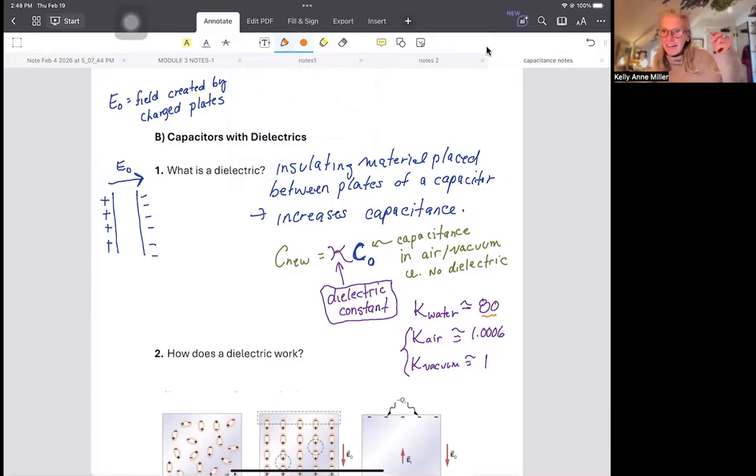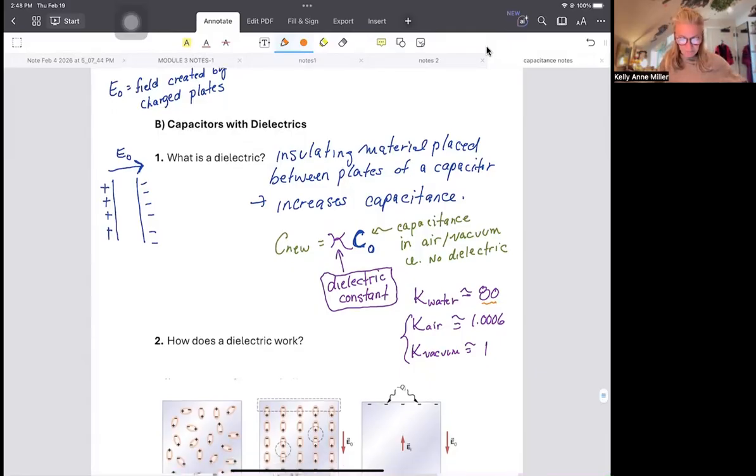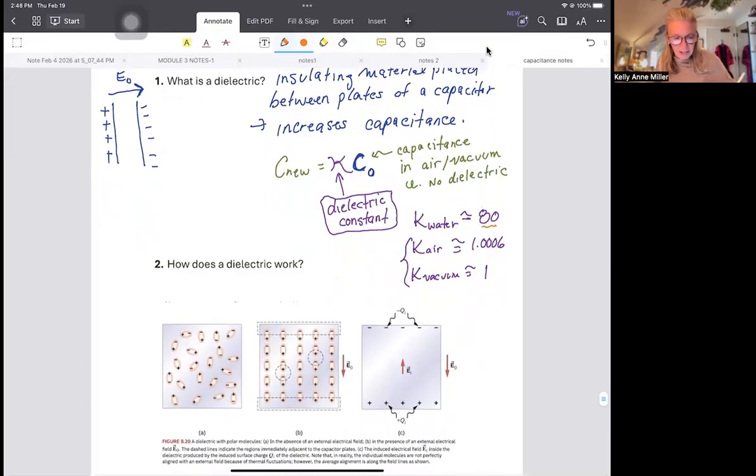The higher the dielectric constant, the more the capacitance of the capacitor will increase from the situation with just air or a vacuum in between the plates. Okay, so let's say that I insert a dielectric in between these two plates. So I'm just going to draw that in as an orange block.